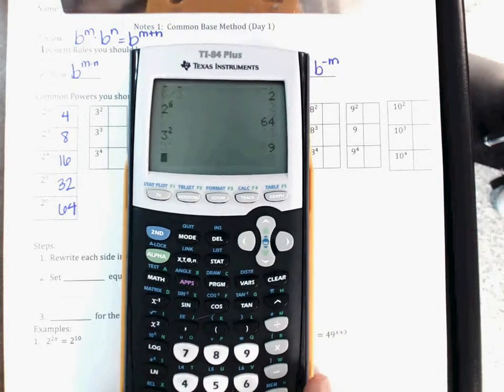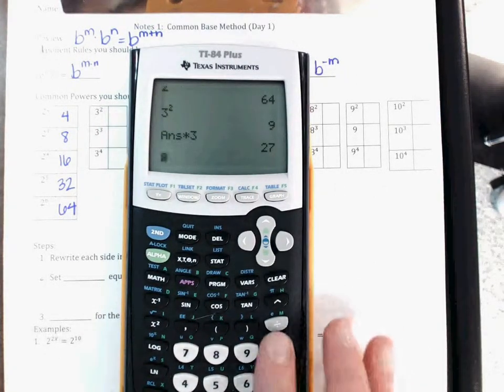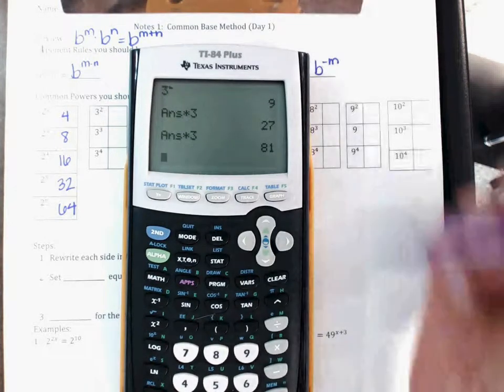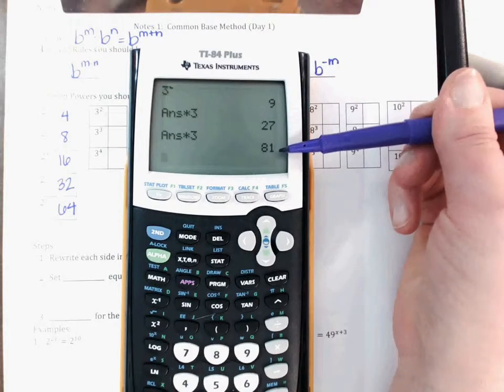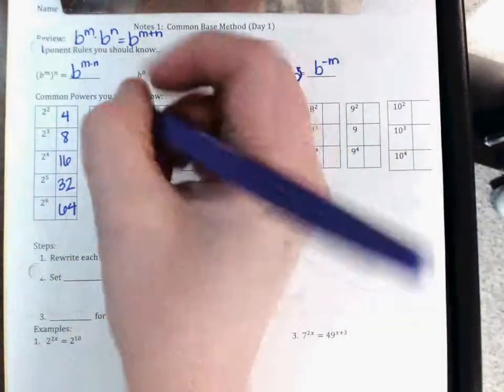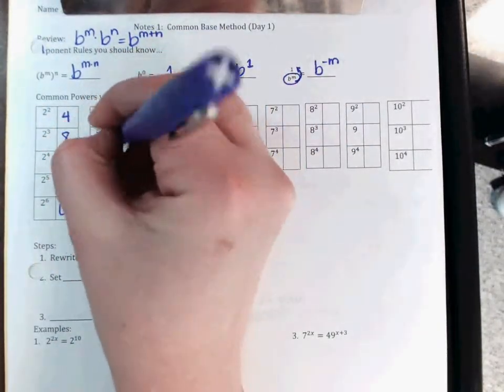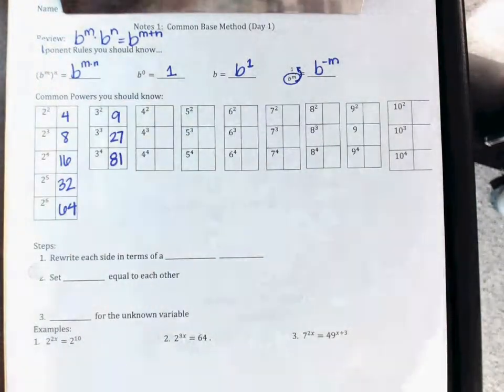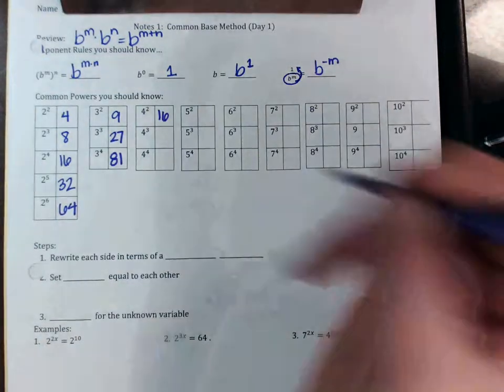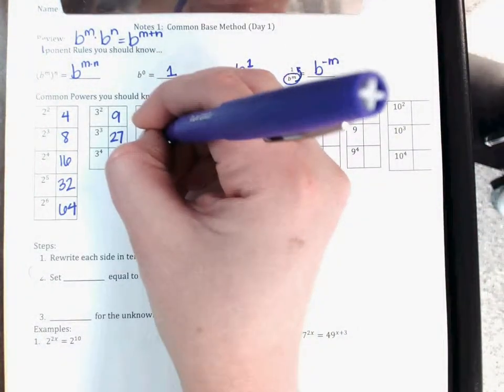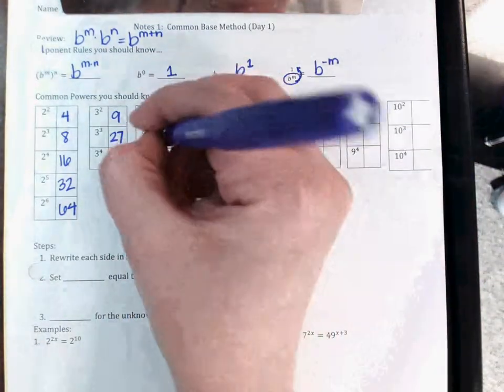Okay, 3 squared is? Times by 3 again? Times by 3 again? So your 3 chart should be 9, 27, 81. Okay, do the same thing for 4. Okay, so 4 squared is 16. Times by 4 again, what do we get? Nope. 64, good.